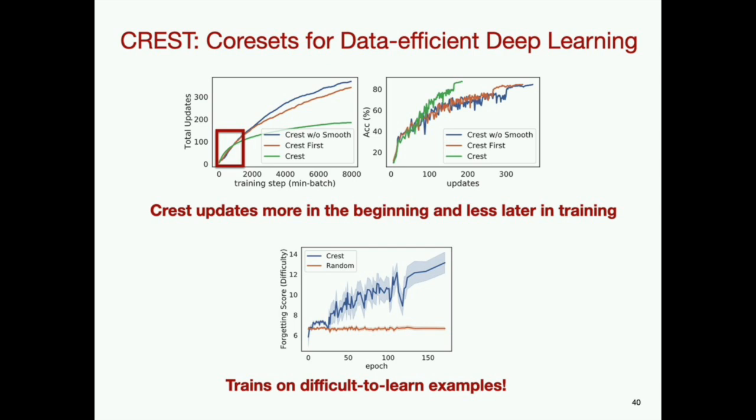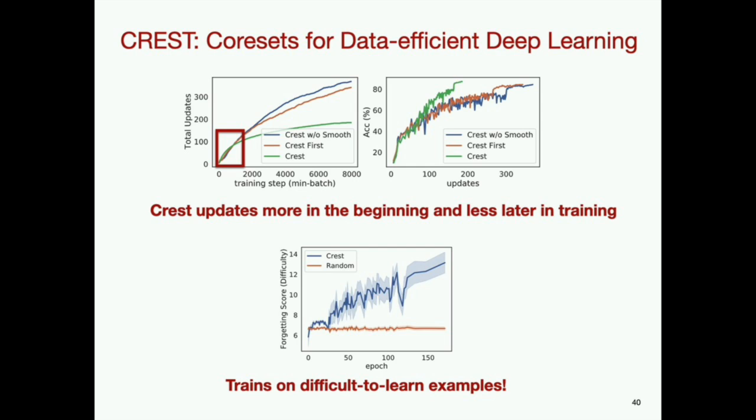So here, we are measuring this in terms of the forgetting score that I will show later in the slides. So forgetting score counts how many times the prediction of an example changes from correct to wrong during the training. As we train, the prediction of an example changes. The more the prediction of an example changes from correct to wrong, that example is more difficult to learn for the model. The network struggles to learn.